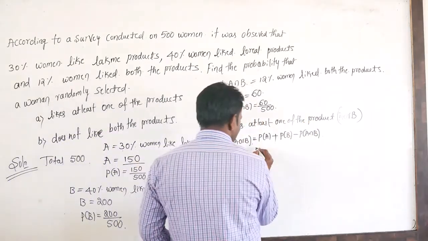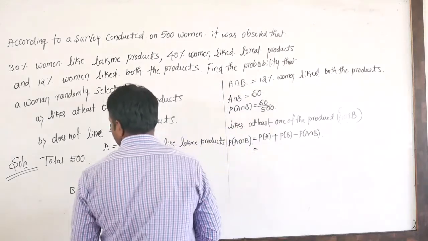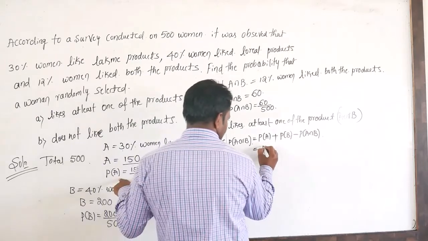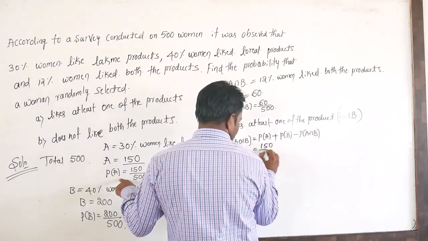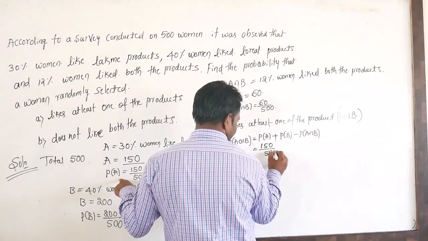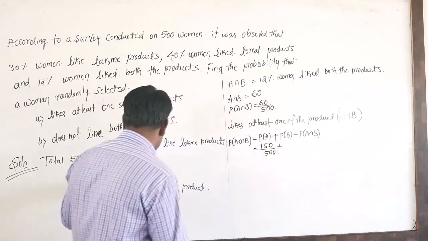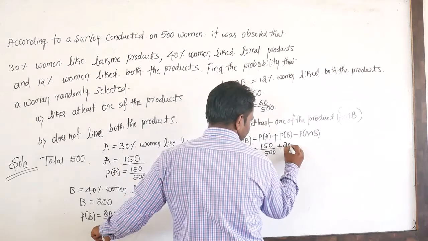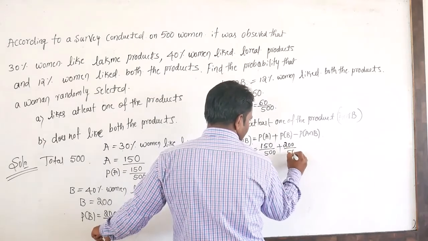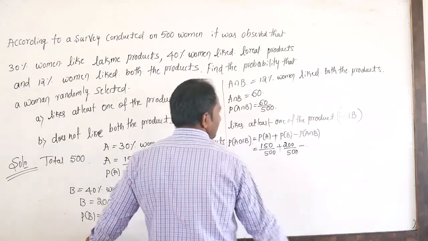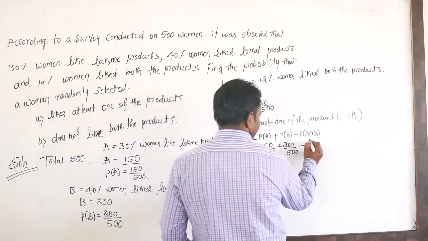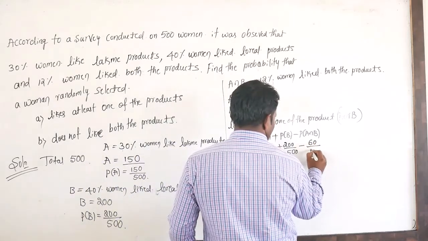Here the probability of A is 150 divided by 500, plus the probability of B, 200 divided by 500, minus the probability of A intersection B, 60 divided by 500.